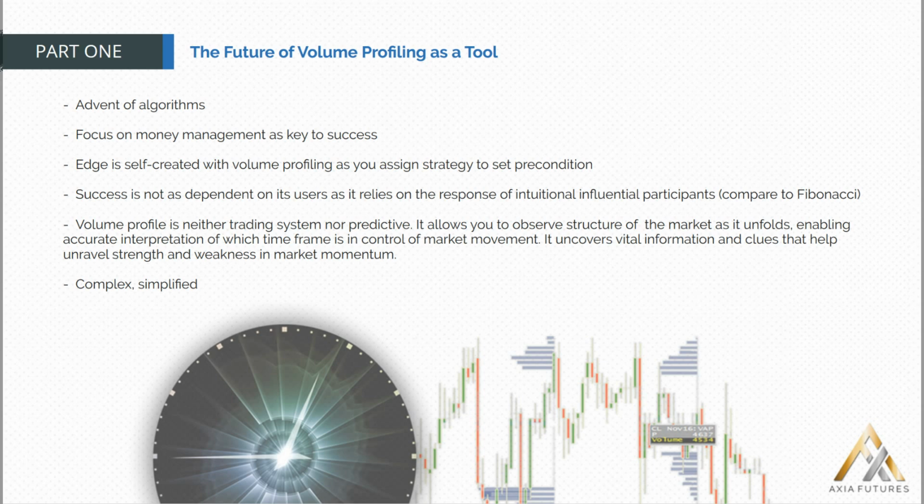So what does the future of volume profiling look like? Well, in order to understand the future, we need to look at what various tools have done in the past. Going back a couple of years, traditional tools like moving averages, Fibonacci retracements, and trend lines used to work particularly well because everyone used them.